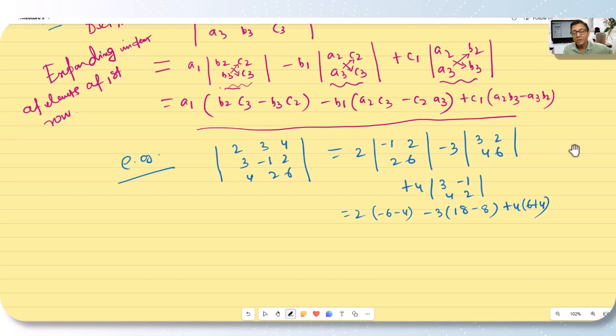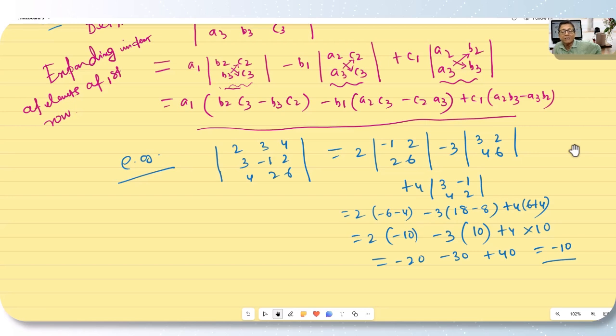So this will be 2 into minus 10, 3 into 10, 4 into 10. The value will be minus 20, minus 30, plus 40. 40 minus 50, the answer is minus 10.